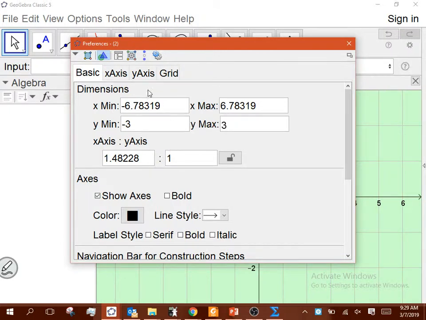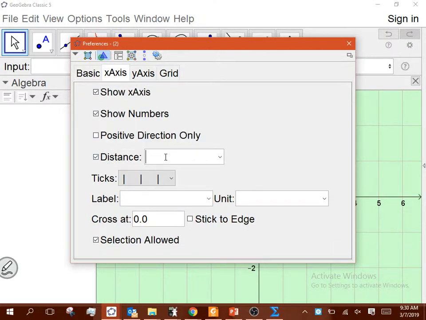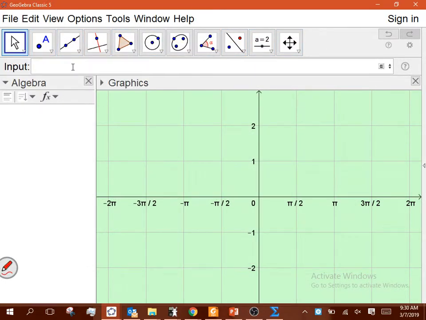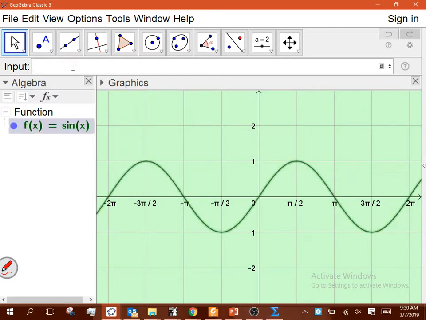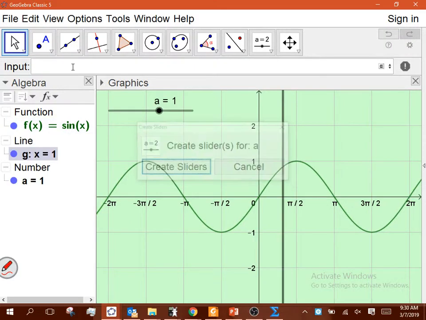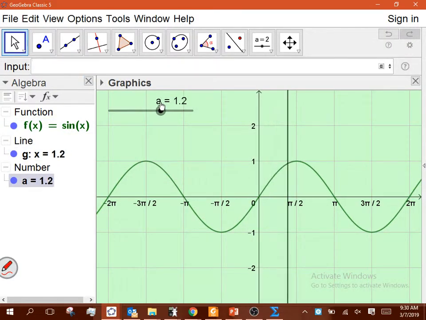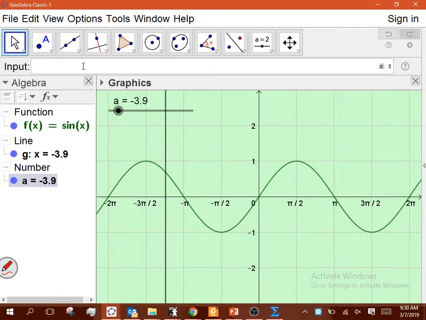Let's get our x-axis to be in terms of pi. There we go. If I take the sine function, does the sine pass the vertical line test? So it's a function, right?